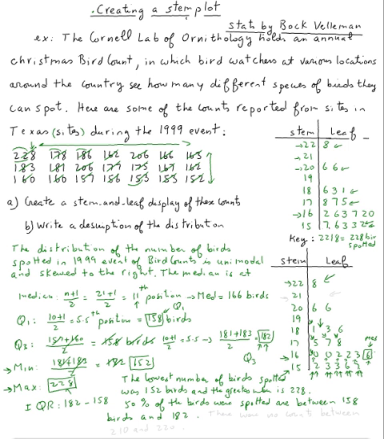What else? Next, we need to talk about the unusual features. In other words, if there is any gap or any outliers. There is no outlier really, but there is a gap right there. So how do we say that gap?